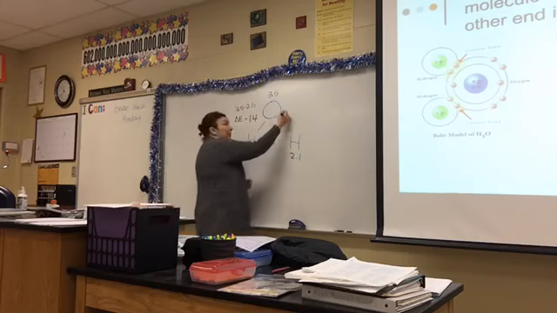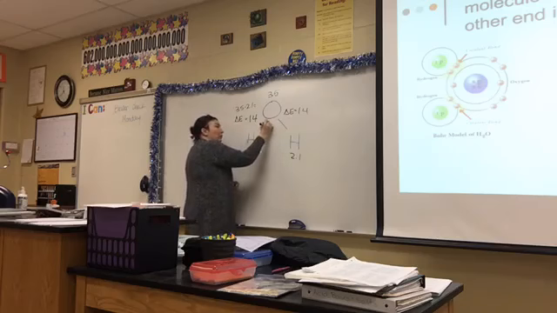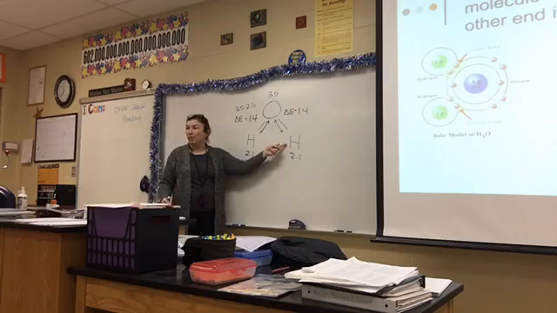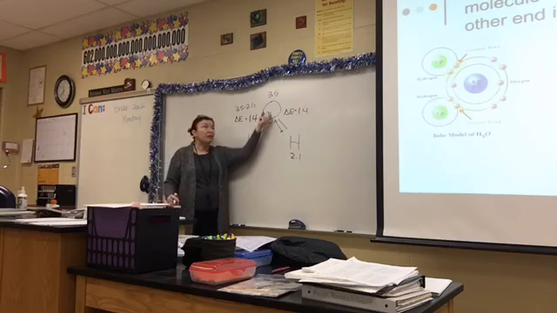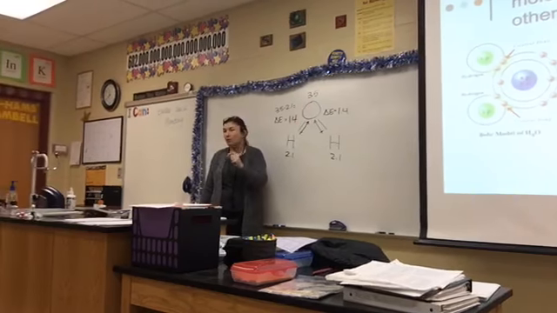I do the same thing over here. The difference in electronegativity is 1.4. So my dipole would look like this. Because the hydrogens are going to be more positive because the electrons are heading towards oxygen, right? They're being pulled closer to oxygen.